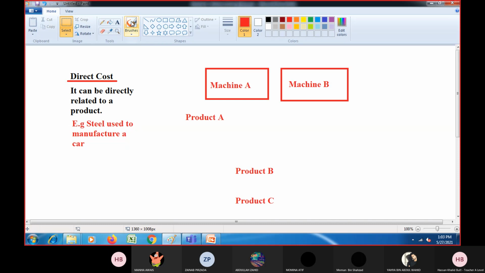Product C is also produced using machine A. If I talk about product B, let's say it is produced by machine B. It's not because the name is product B, I just assumed it.